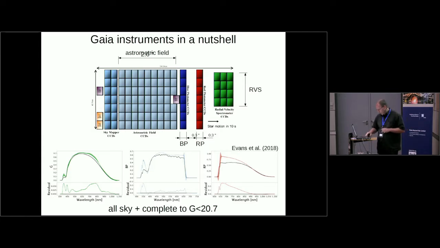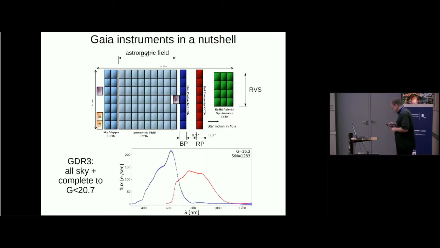Now for DR3, you will also get the dispersed BP/RP spectrum. This is an example spectrum that shows you how they look. This is a real spectrum. This is a quasar with an emission line here at something like 580 nanometers.